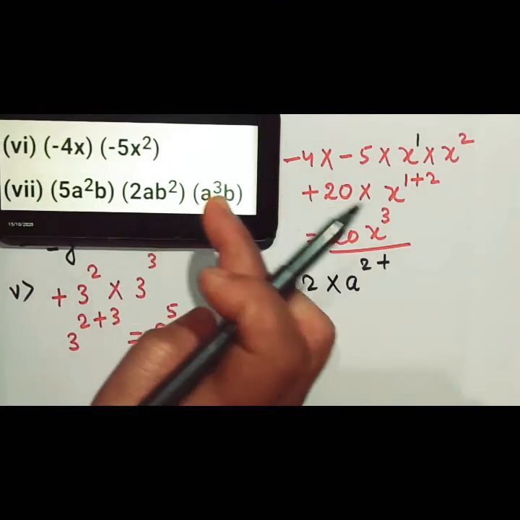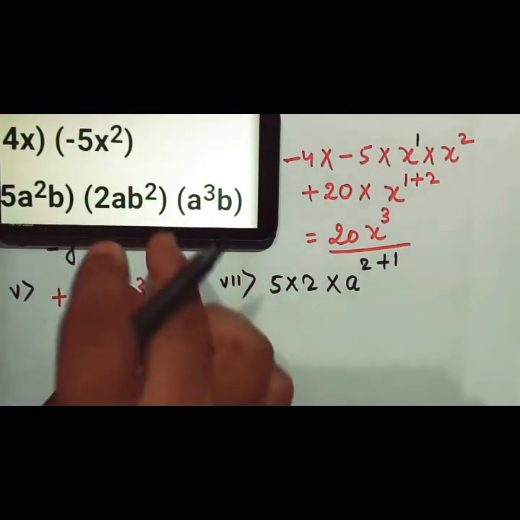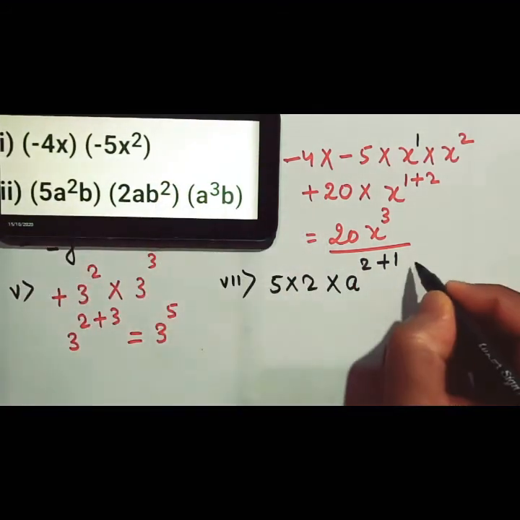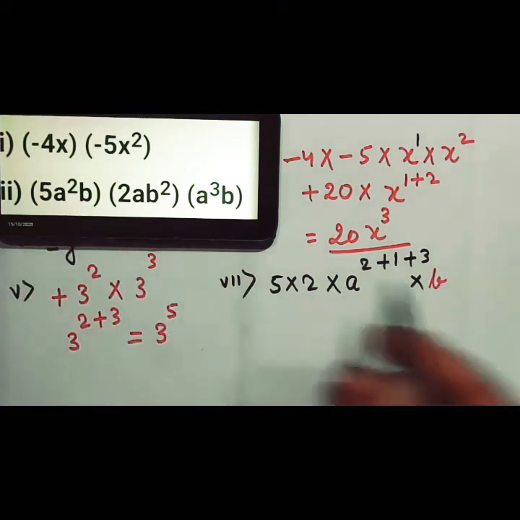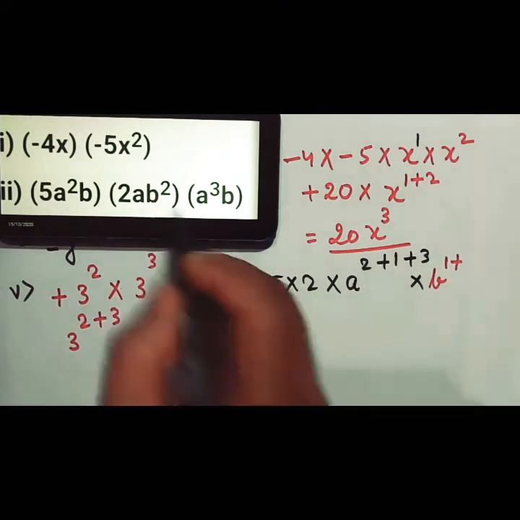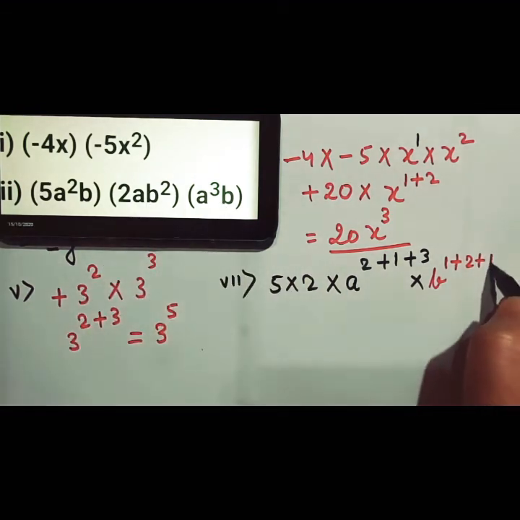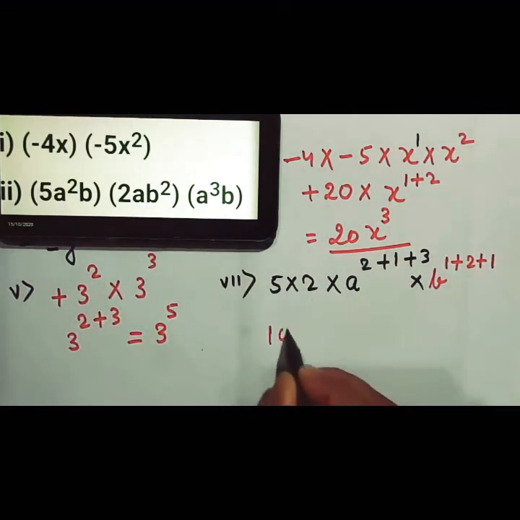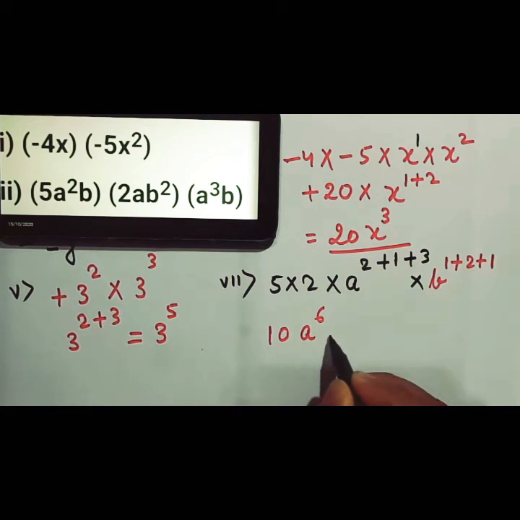Please do not forget this. So 2 plus 1, and here we have a cube, plus 3, multiplied by b to the power 1 plus 2 plus 1 again. Therefore 5 2s are 10, a to the power 2 plus 1 plus 3 is 6, b to the power 4 is our simplified solution.